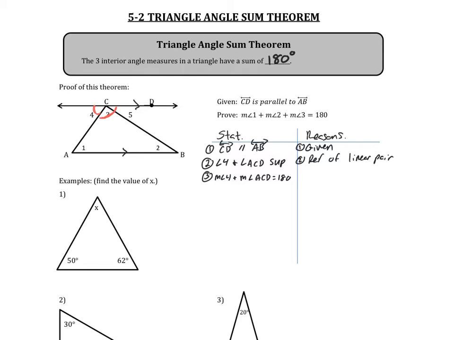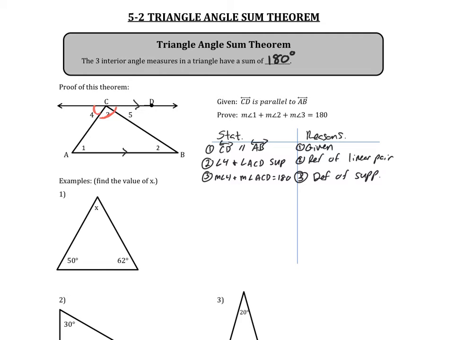You have to be very careful when doing a proof that you're not skipping any steps. So we had to say that they were supplementary first. Now we can say, what does that mean? Because they're supplementary, their measurements add up to 180. That's the definition of supplementary.